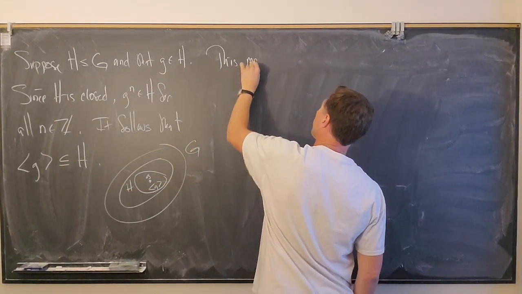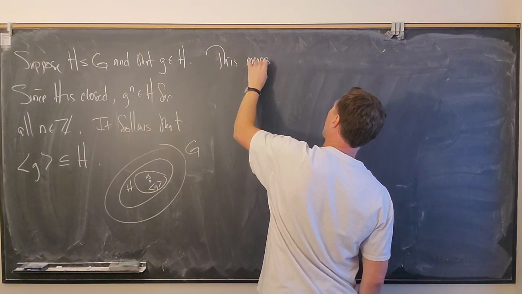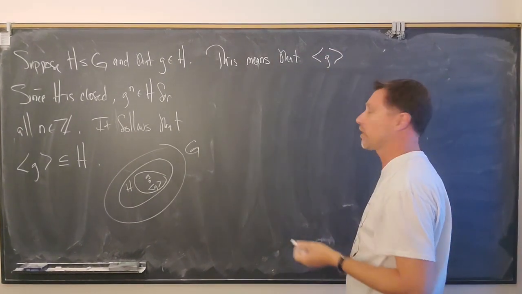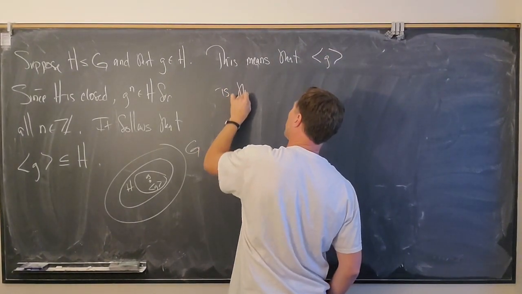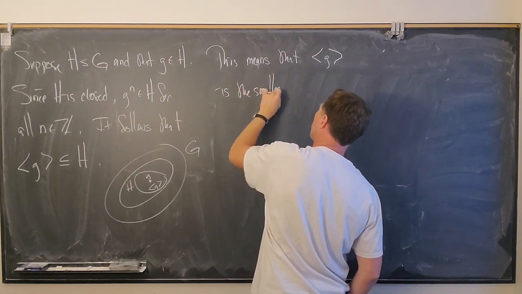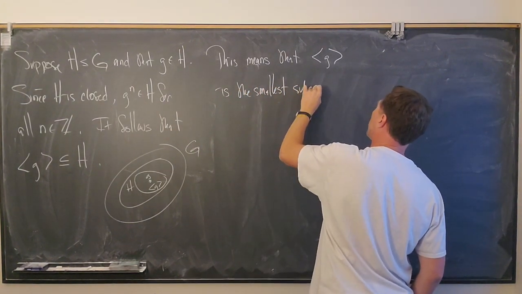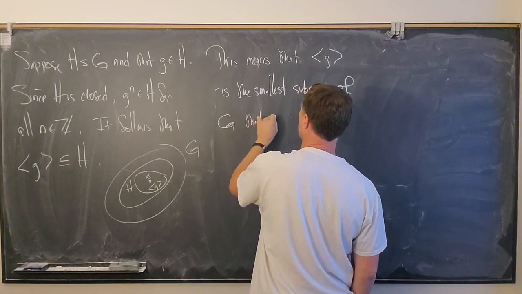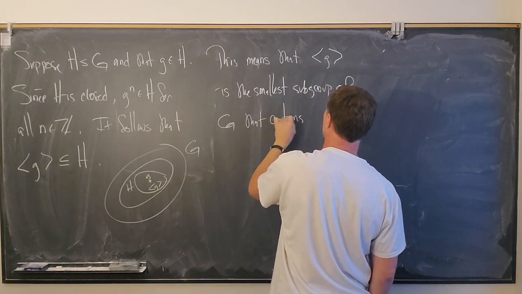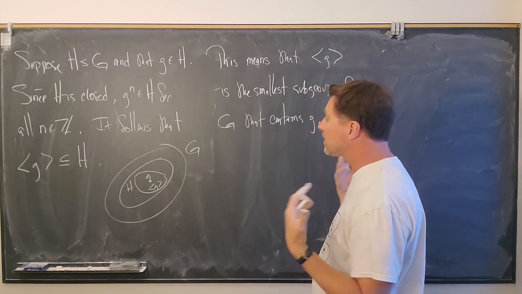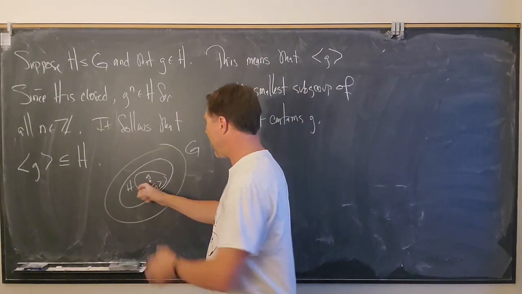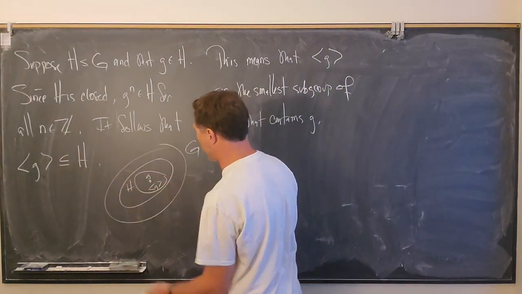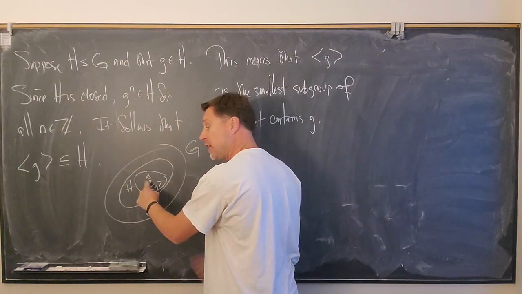This means that angle bracket g, the cyclic subgroup generated by g, is the smallest subgroup of capital G that contains little g. Every subgroup that contains little g has to contain the subgroup generated by g. So this picture captures what's going on here. Every time we have H containing little g, it contains the entire subgroup.